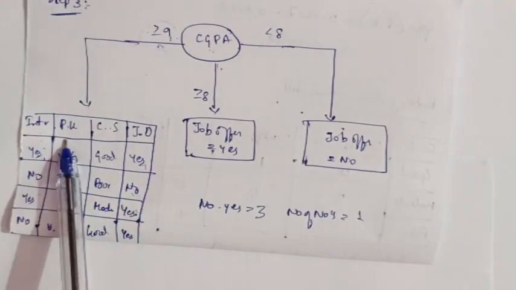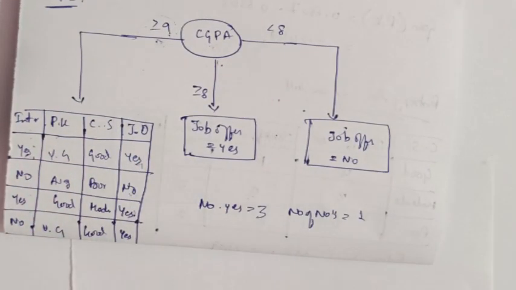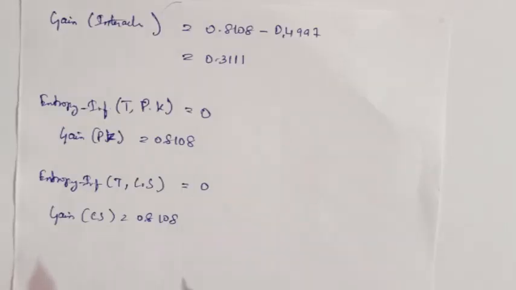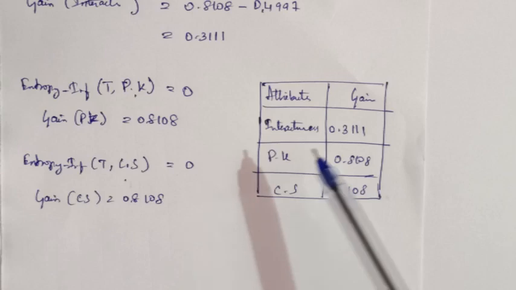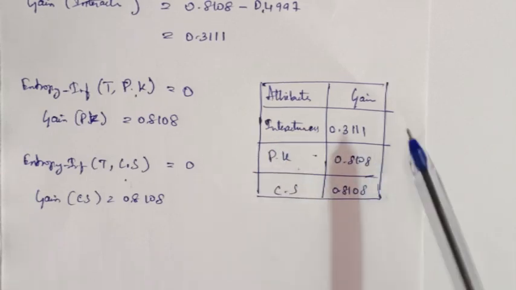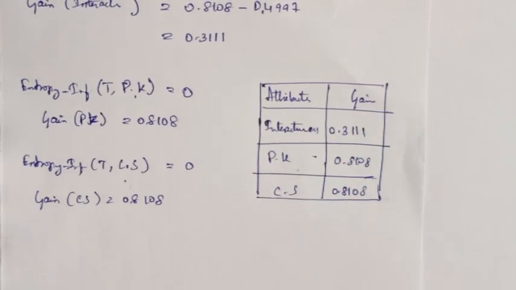Similarly, we have to calculate for practical knowledge and communication skill. Here I have calculated the entropy for practical knowledge and communication skill and gain also. And now we have to take these gains in a single table. Here I have constructed a table for each attribute with its gain. Again, we have to construct the decision tree for this table.